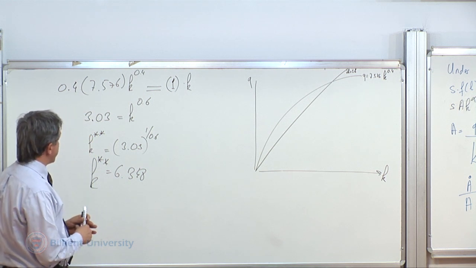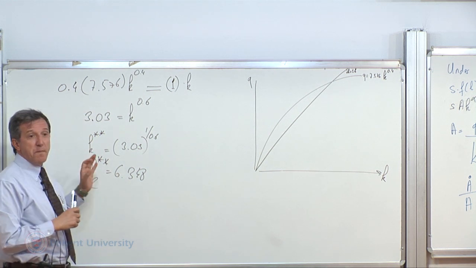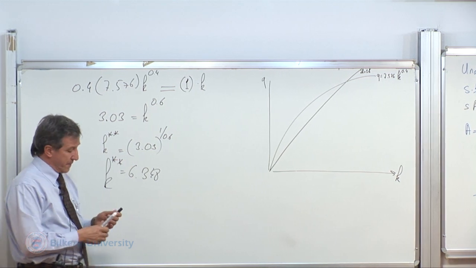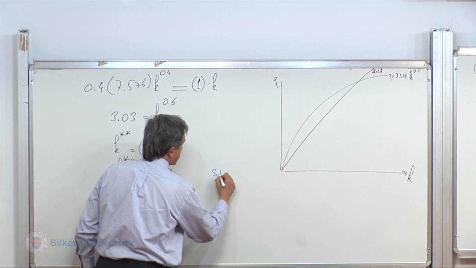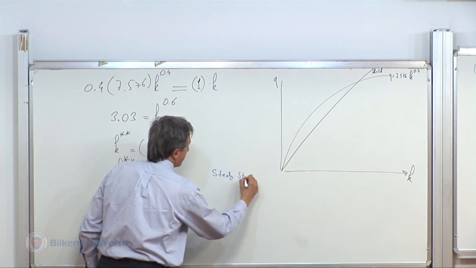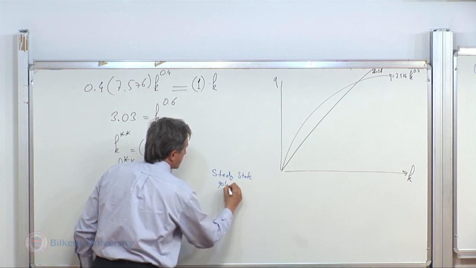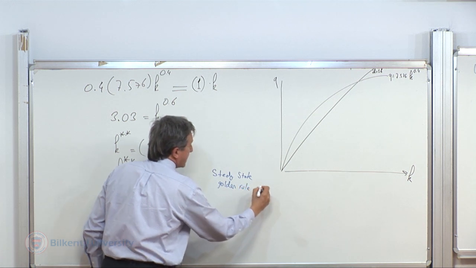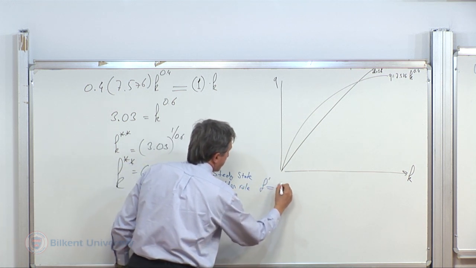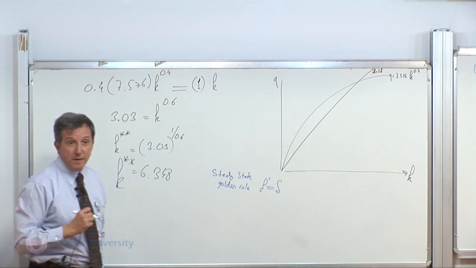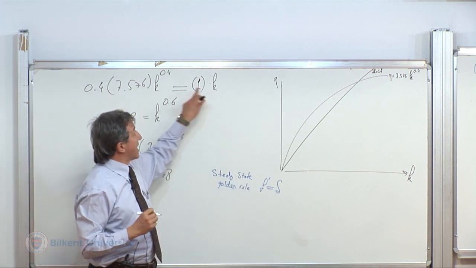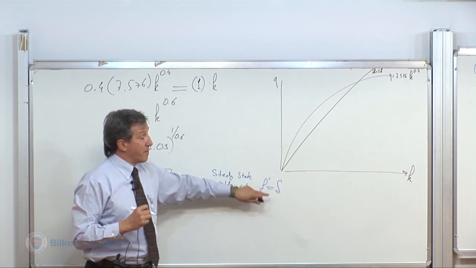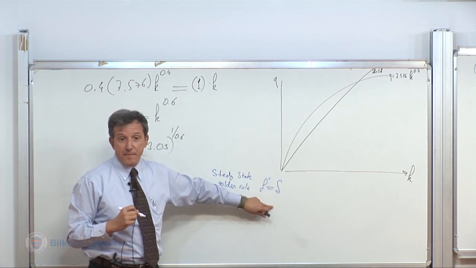With the property that we are imposing the golden rule, and under the steady state golden rule, it must be true that f prime is equal to delta. So the derivative of the production function must be equal to delta.